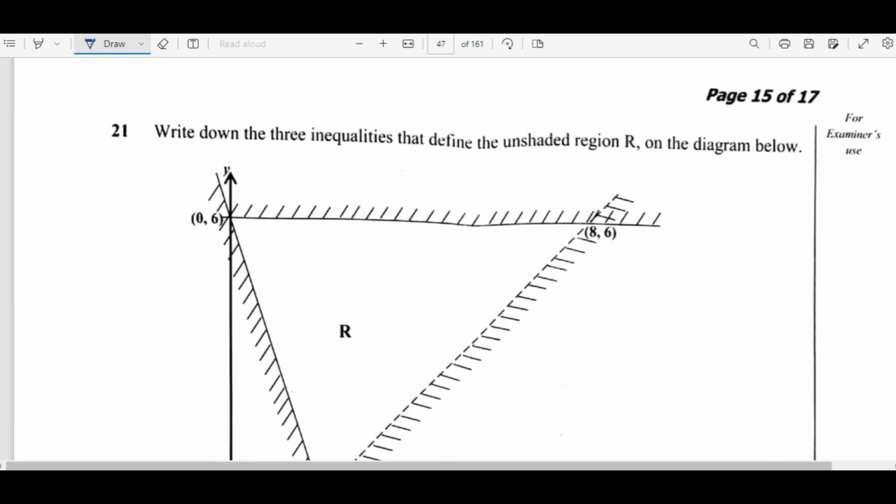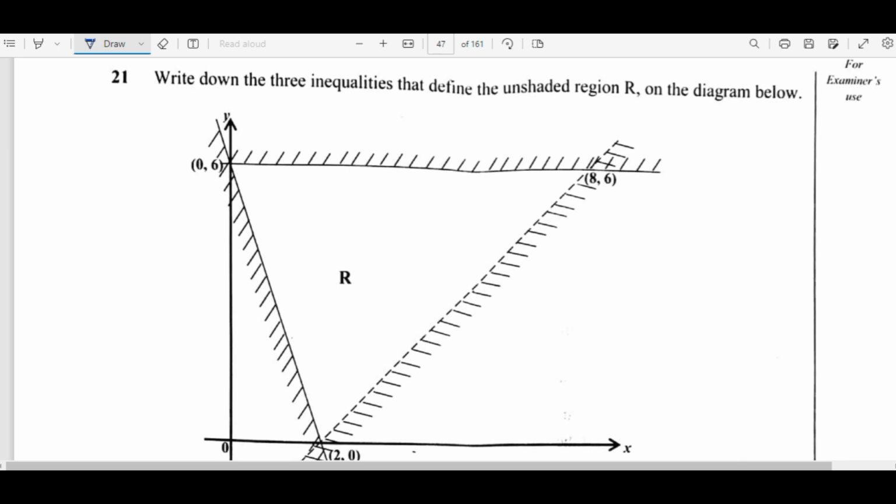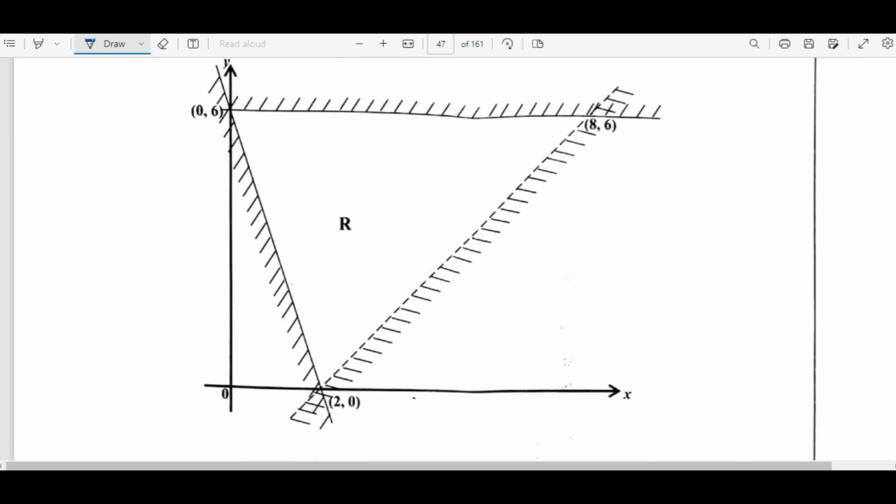We move on to question 21. Write down the 3 inequalities that define the unshaded region area of the diagram below. Right, so we'll say this is inequality number 1, number 2, number 3. For number 1 it's simple because it is just cutting one axis, and from the numbers it is cutting the y-axis at 6.